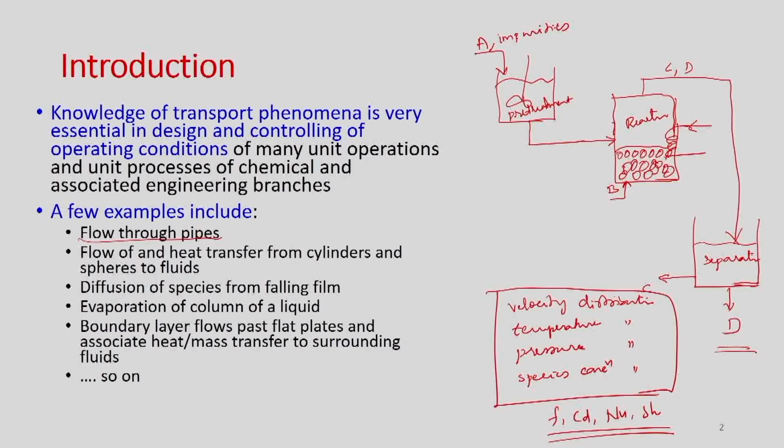So, in chemical industries, any part you take, starting from the pre-treatment to the separation of the product to get the final desirable product, at each and every level there is some amount of momentum transfer, heat transfer, mass transfer existing either individually or combined, two processes together, or all three processes together, or not only these three processes, sometimes reaction is also included.